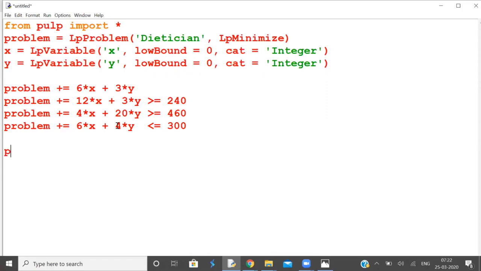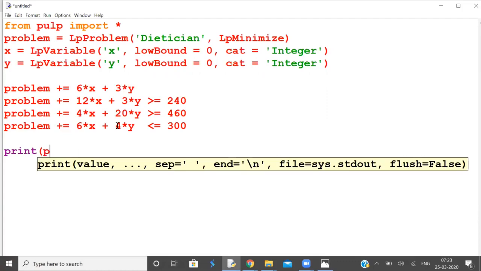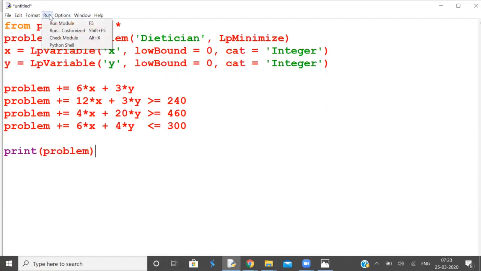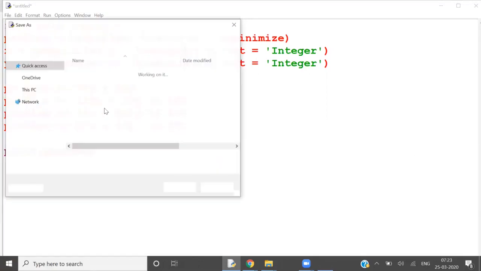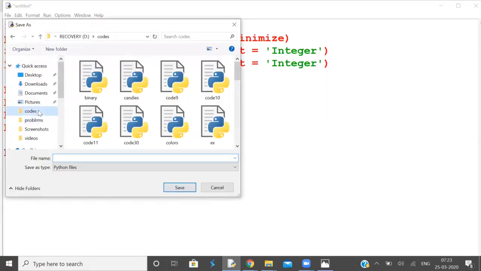Okay. Now print the problem to see whether the LPP is formulated or not. Let us save this program.